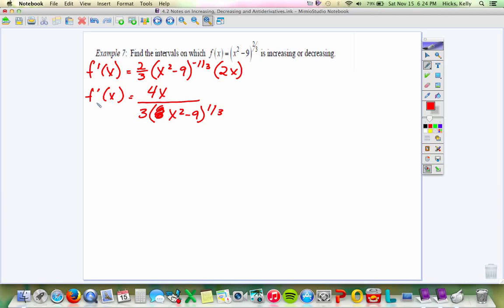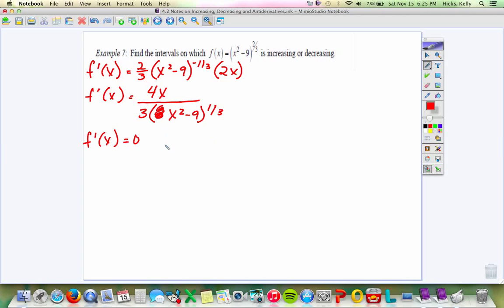Now, remember when we're doing critical points, we need to find where the derivative is equal to 0 and where the derivative is undefined. Well, in the last problem, we didn't have anywhere where the derivative was undefined. It was completely continuous, but in this one, we do have a place where the derivative is undefined. We'll look at that one in a second.